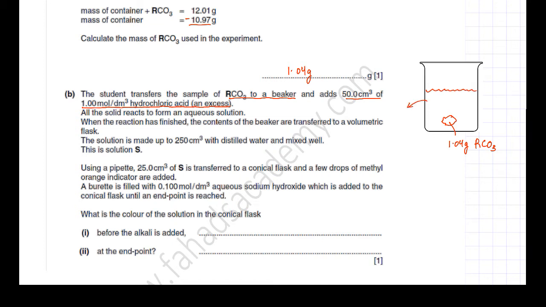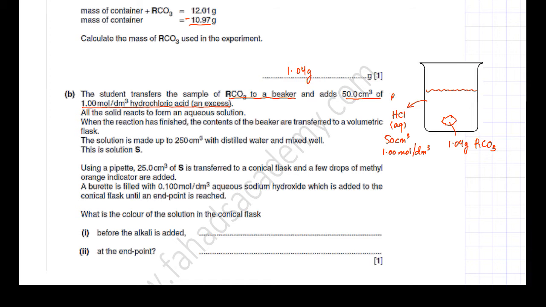This is HCl, aqueous, and remember it is in excess, and the volume and concentration are given. So it's 50 centimeter cube, and the concentration is 1 mole per decimeter cube. We know the concentration of HCl being added as well, and remember that this HCl is in excess.